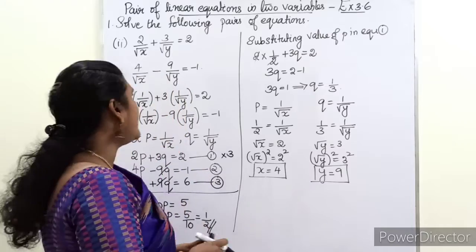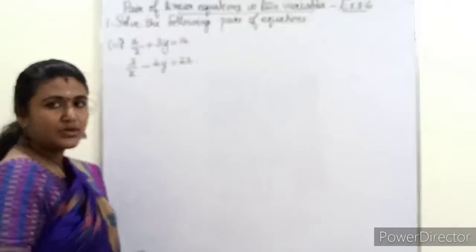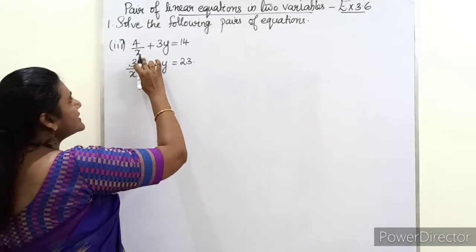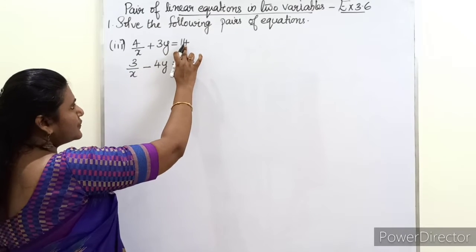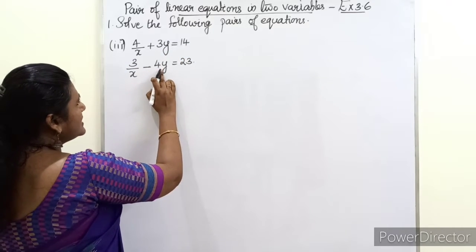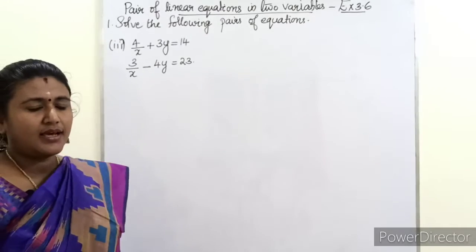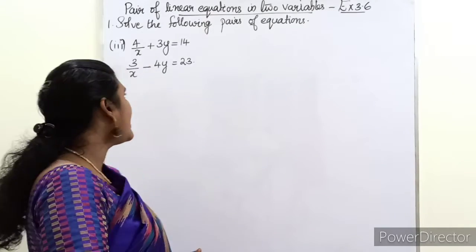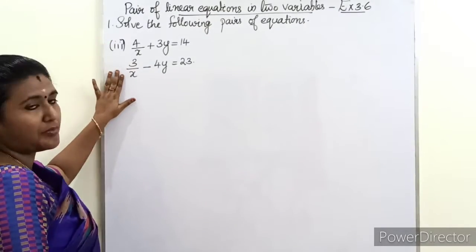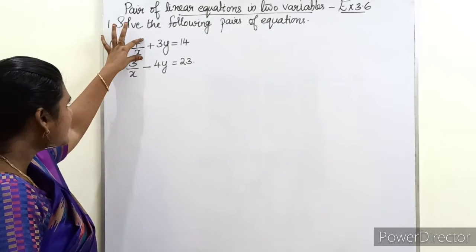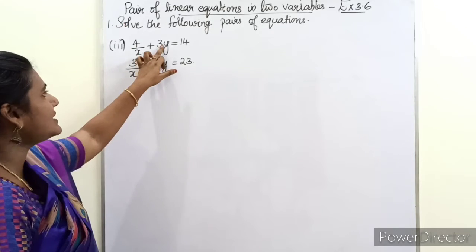Now the third question. 4 by x plus 3y is equal to 14. 3 by x minus 4y is equal to 23. Here in this question, if you see, only one variable is in the denominator. So only for this alone we will substitute. y is in the numerator only.